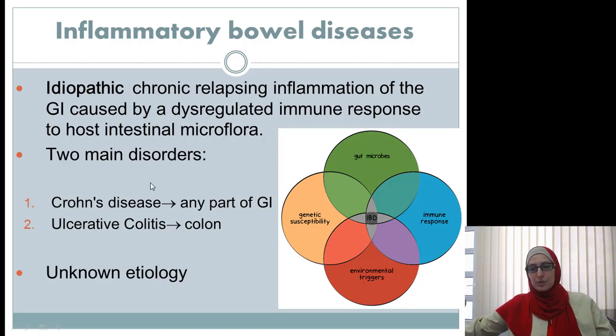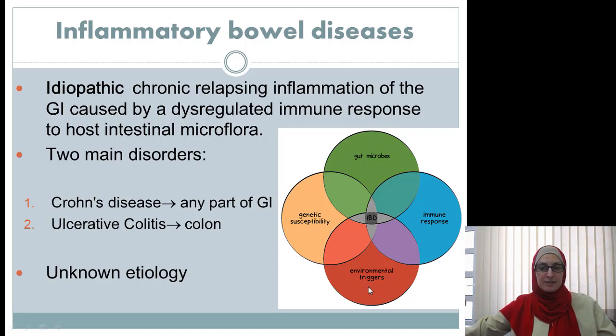This image here shows you how factors integrate together to make the person susceptible to developing inflammatory bowel disease. So as I stated, the genetic susceptibility means having certain genes, which make the immune responses more active, more exaggerated.